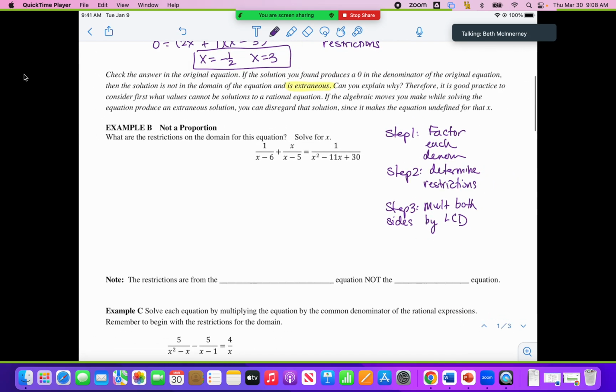The reason why is this clears the fractions. Step 4, solve the resulting equation. And step 5, check your domain. So this is a little bit complicated.